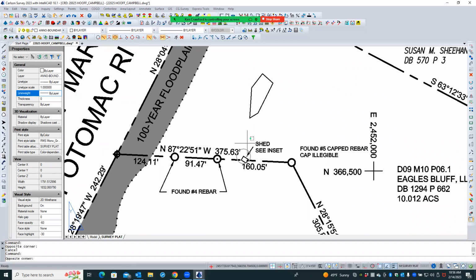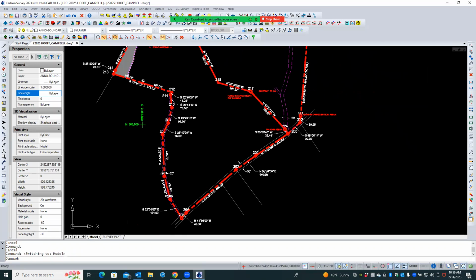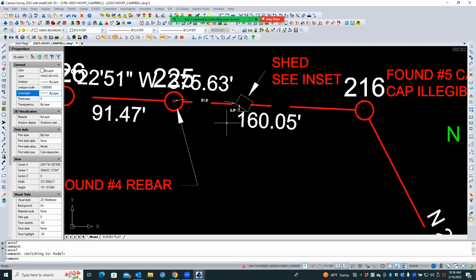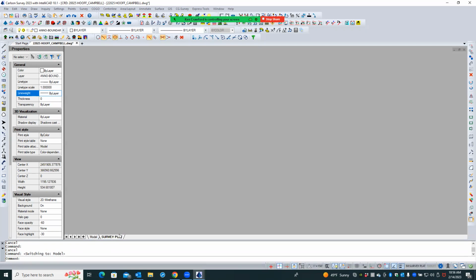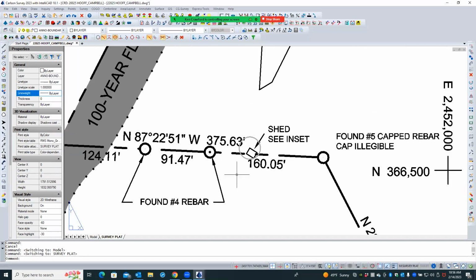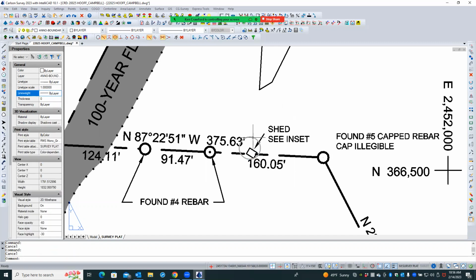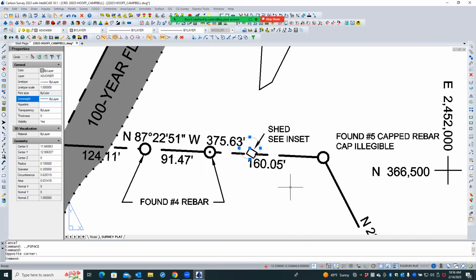No, must not be. Why can't I select it? Well, there it is.